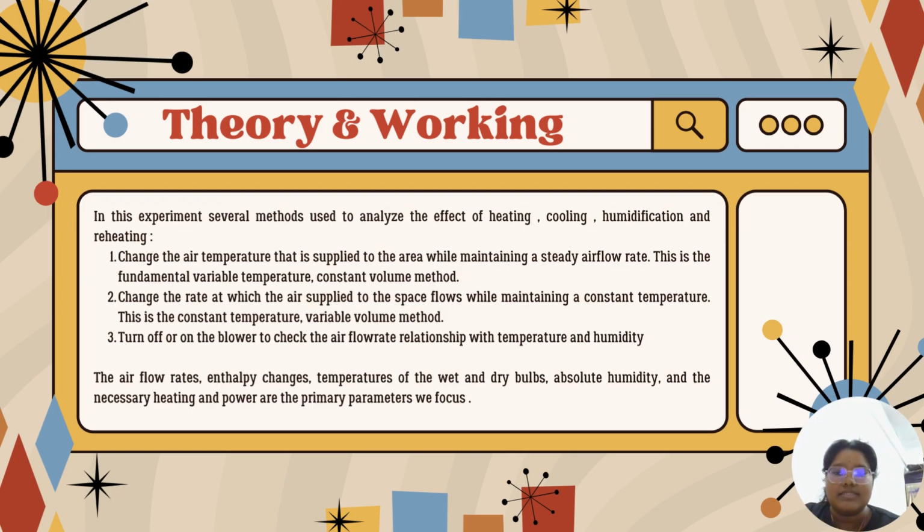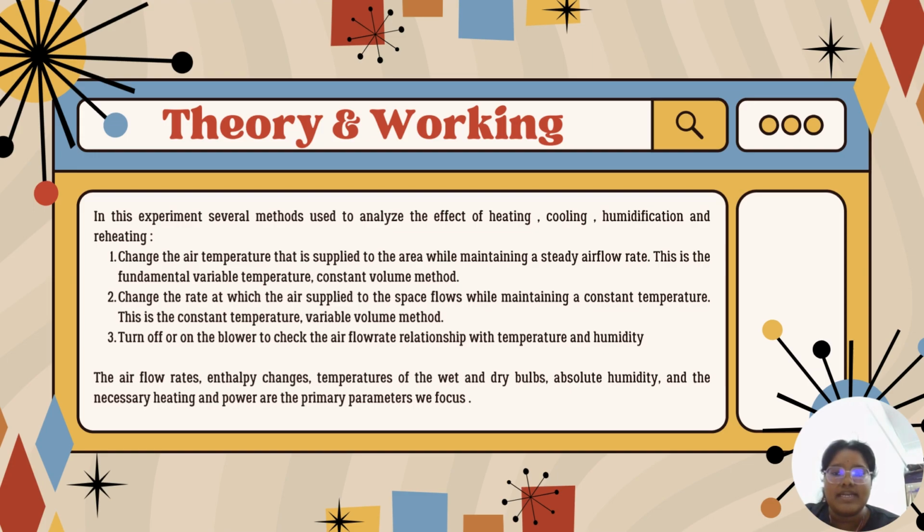To conduct this experiment, several methods are used to analyze the effect of heating, cooling, humidification, and reheating of our air. First, change the air temperature supplied to the area while maintaining a steady air flow rate. This is the fundamental variable temperature and constant volume method.